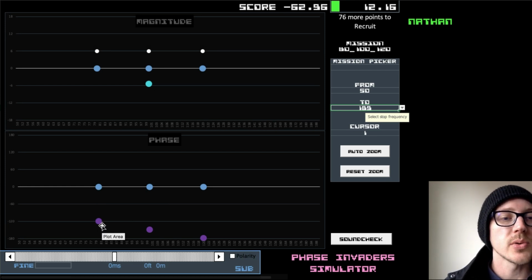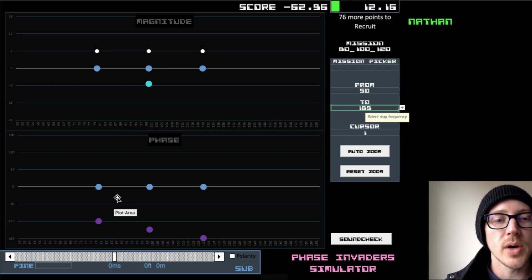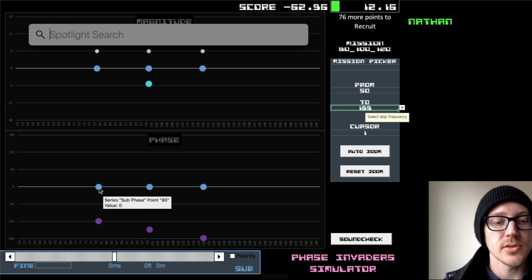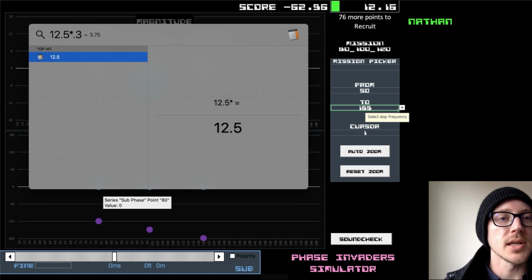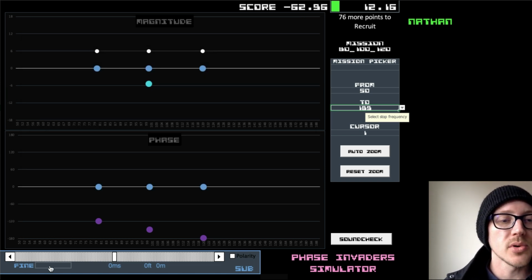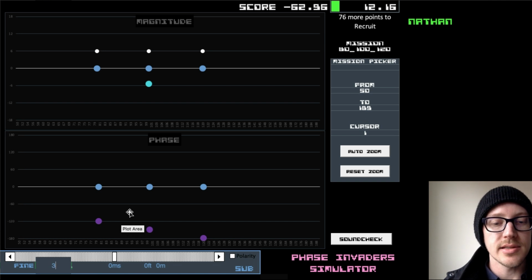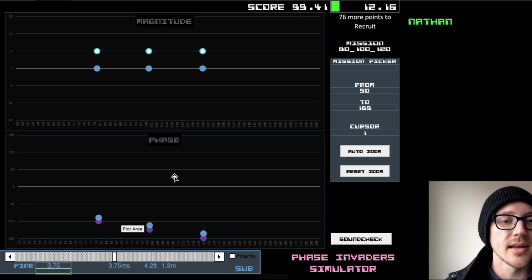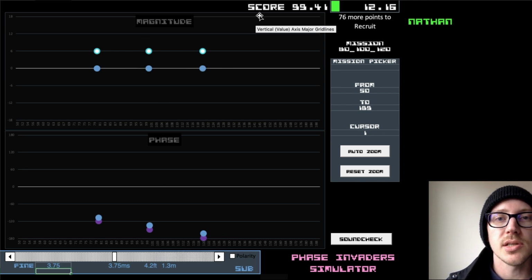I know that 120 degrees is a third of the way around the phase wheel at 80 hertz. So I could say 12.5 times 0.3, 3.75. Is 3.75 the right answer? I could put that in, and there they are, really close, right? Almost right on top of each other. I've got a really good summation here and a score of 99.41.